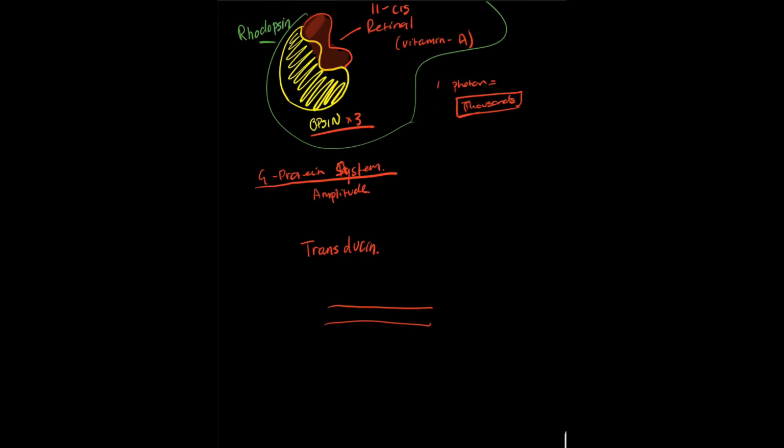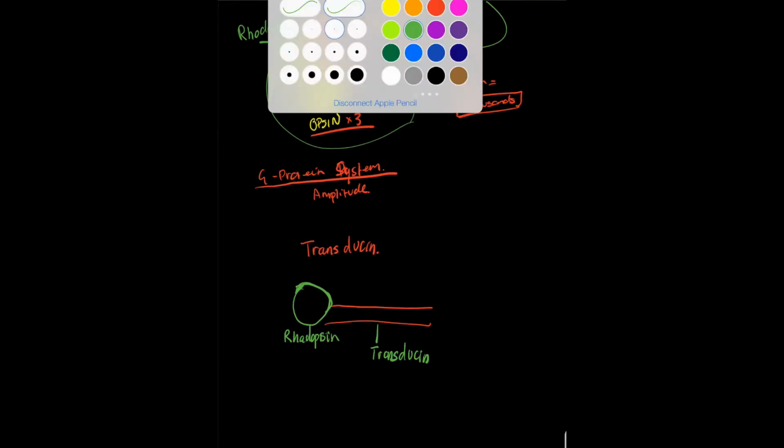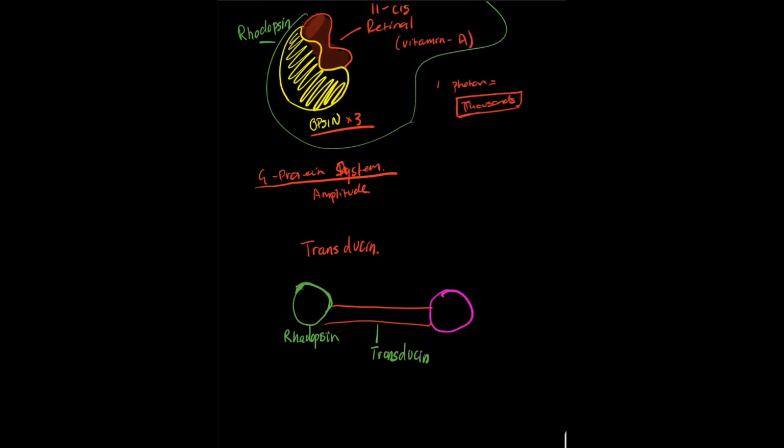So the rhodopsin molecule is connected to a G protein, transducin, and then finally we've got something called PDE, which is phosphodiesterase, which you probably don't need to remember, but just in case, phosphodiesterase.